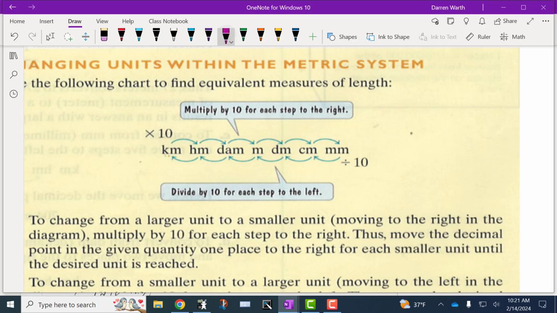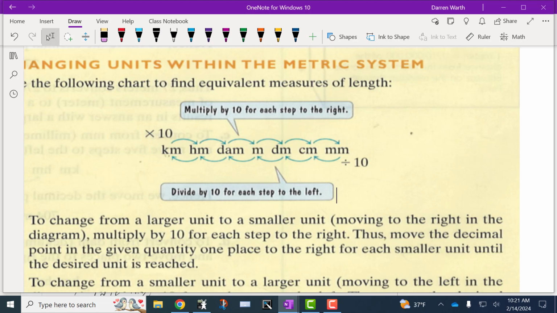Even though this has an M by it, you can still replace it with a G and change that to grams, and then everything else just changes to G. So that would be decagrams, hectograms, kilograms, decigrams, centigrams, and milligrams. So that's the nice thing about the consistency of the metric system, is you can just go ahead and use that same concept and same idea to work between all types of units within the metric system.